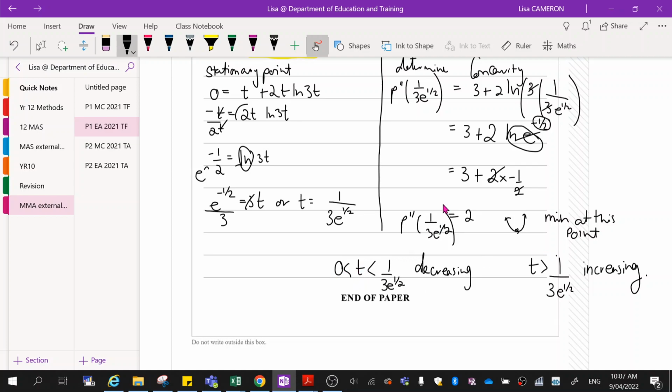Instead of testing using the second derivative, you could test the nature around the point. So I could find my stationary point, and then I could substitute a value less than this and a value slightly more than this back in as t in the first derivative, and that would tell me the nature of what's happening around that point. But, potato, potato, this is faster.